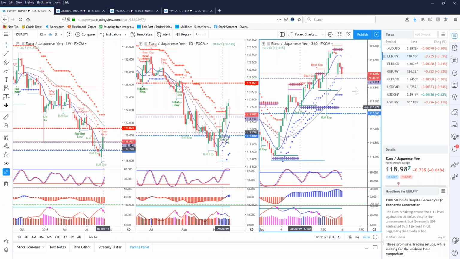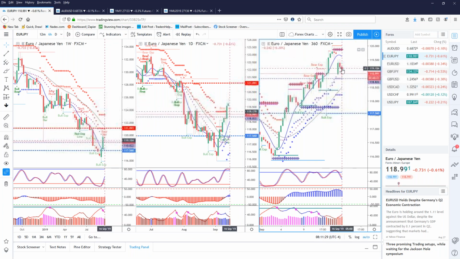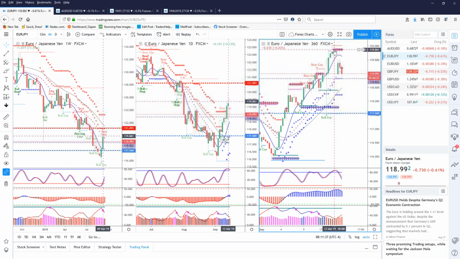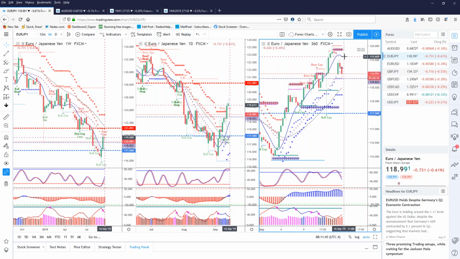They need to close that gap, and typically they'll do it by coming back to this fast moving average. That's what I would be anticipating. Don't enter now. You're late to the game. Wait, let them test for resistance, and then look at a potential entry.